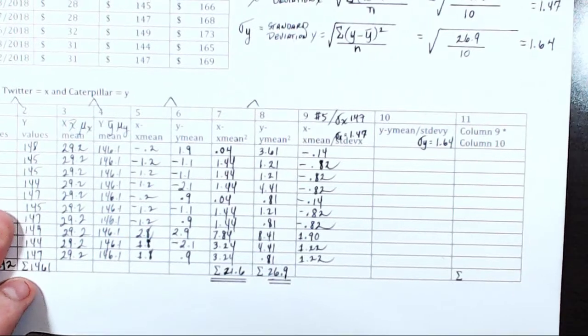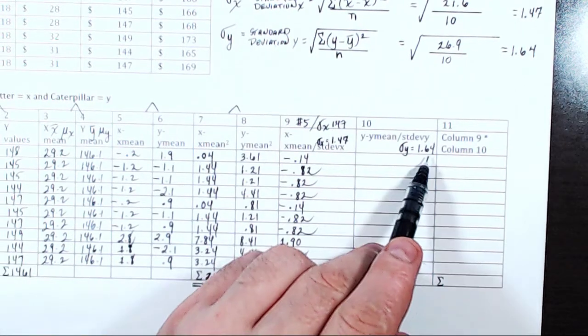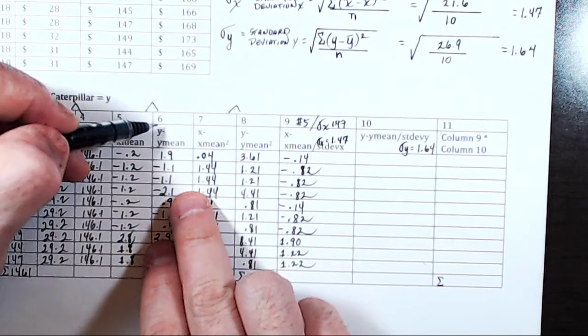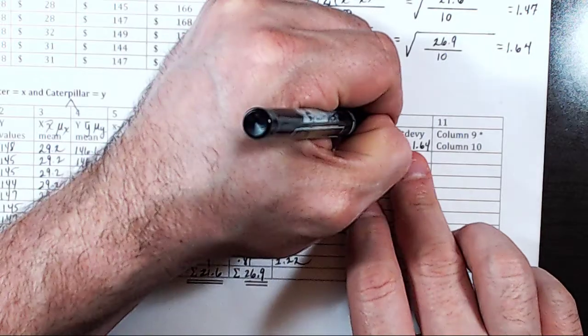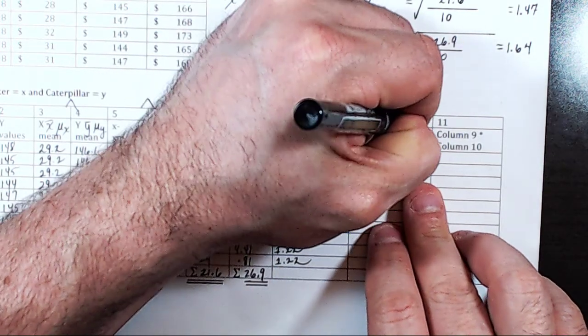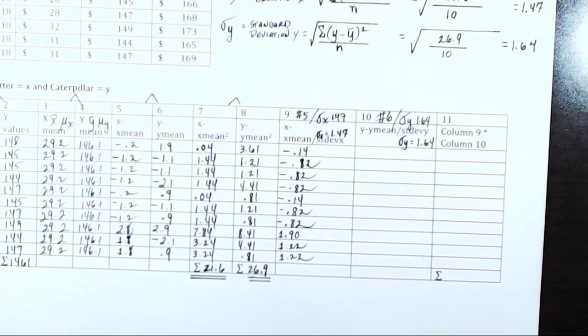Very good. Now let's keep firing on all cylinders. Our standard deviation of y is 1.64. Column 10 is asking me to go over here to column 6. Take column 6 divided by the standard deviation of y, which is 1.64. So this is actually really simple.